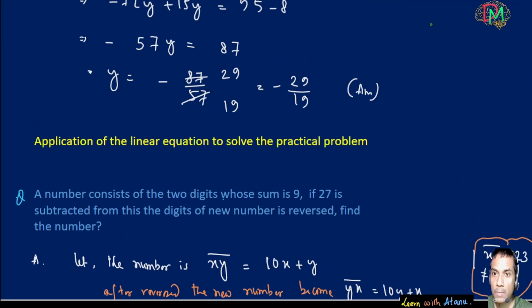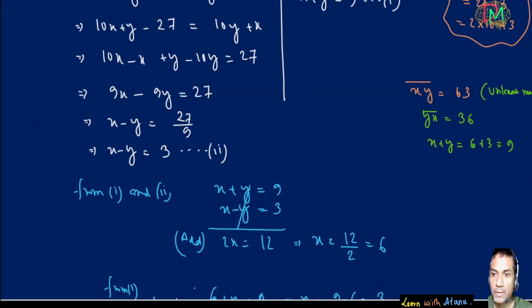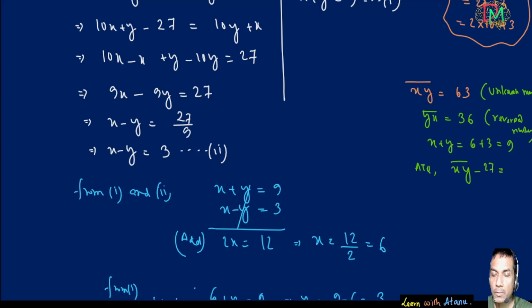It was the unknown number, and this was the reversed number. Clear? Now according to the question, we have to verify this: if we subtract 27, we get the reversed digits number.